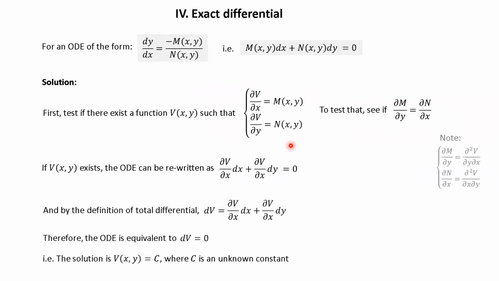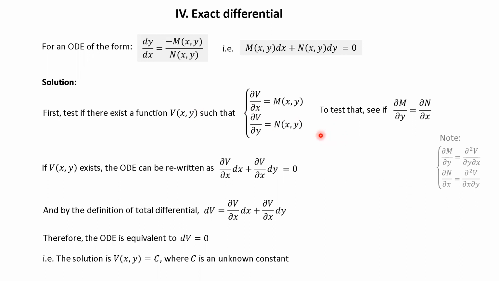Then the thing is, remember how to test whether this M and this N refer to the partial derivatives of a function? It's the same idea as how we test whether a vector field is conservative.